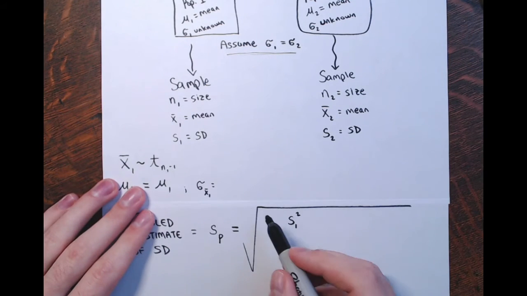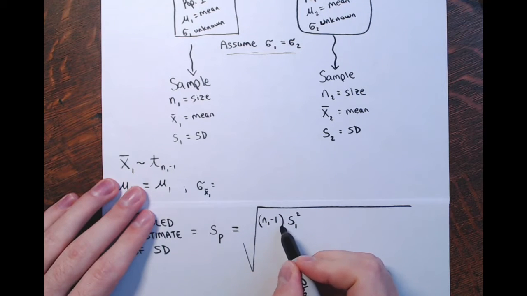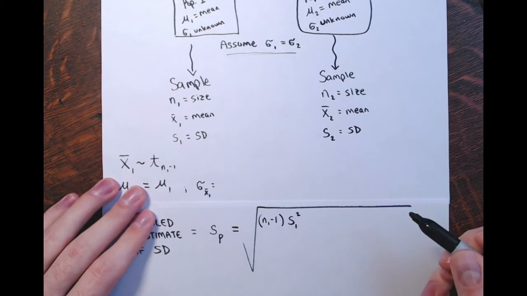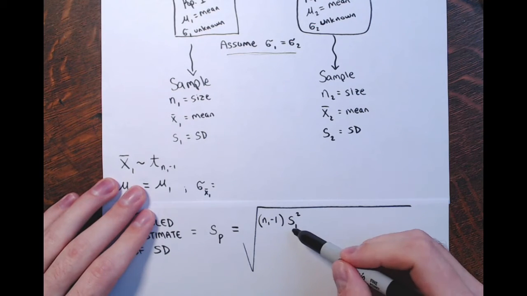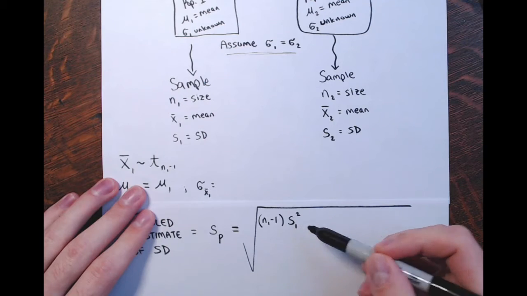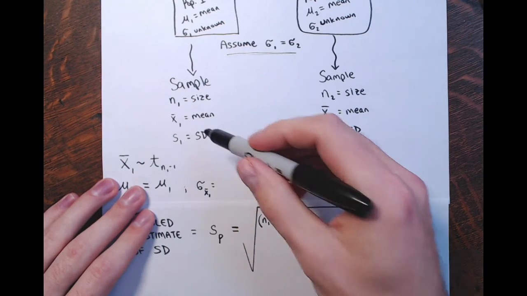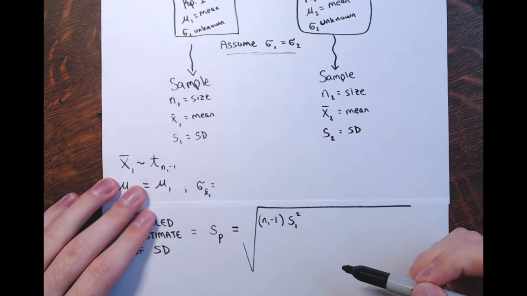And if I multiply this by n1 minus 1, n1 minus 1 times the variance, s1 squared, this gives me the sum of the squares of the deviations for all the values in sample 1, without knowing any of the values in sample 1.